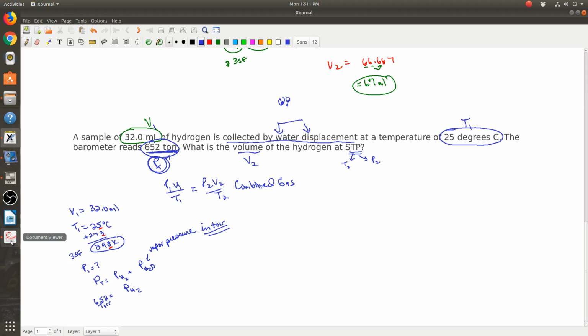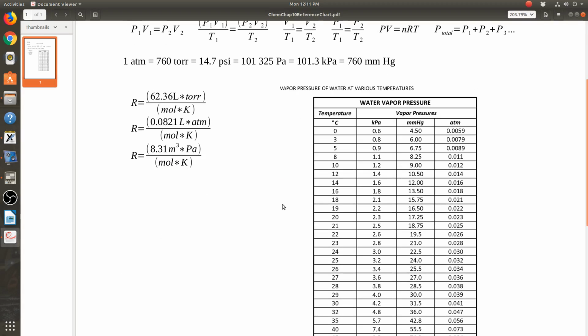Okay, so I'm going to pull up the reference chart again. Vapor pressure in torr. Well, first of all, notice this. 760 torr equals 760 millimeters of mercury. It's the exact same significant figures and exact same numbers. The only thing that's different is the unit. So this vapor pressure chart does not have torr, but it has millimeters of mercury.